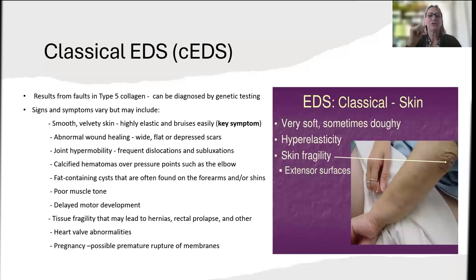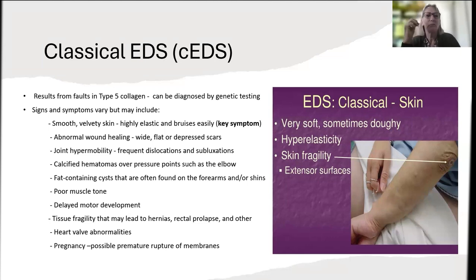So just touching on two other kinds of EDS, just to let you know that they are there, but we won't spend time on them. Quite a common one as well is classical EDS, and they have identified the gene for that. It's a type 5 collagen fault, and this one can be diagnosed by genetic testing.